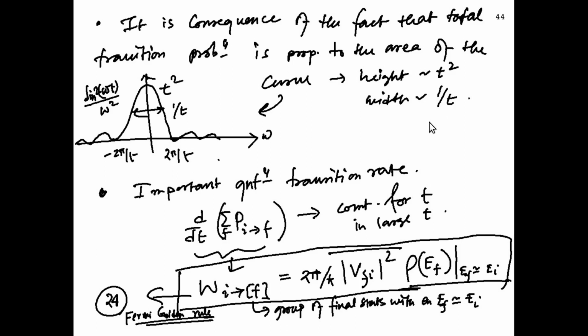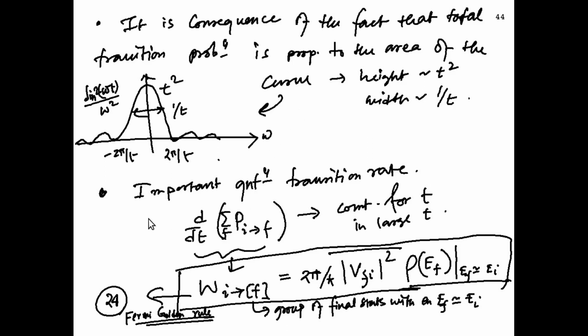This is a consequence of the fact that the total transition probability is proportional to the area of the curve. If the height is t squared and the width is 1/t, that's why this factor proportional to t makes sense.